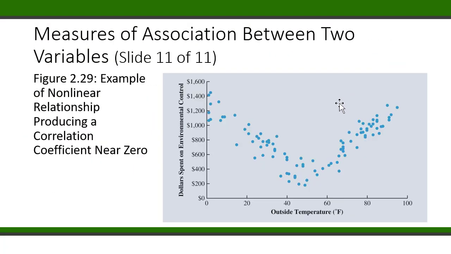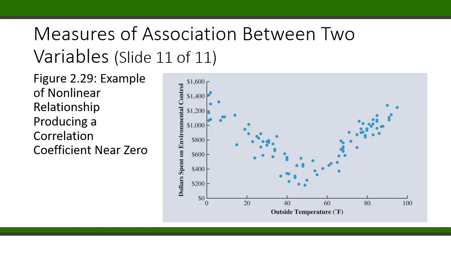So here's another example showing the scatter plot between two variables. This one is for a small retail store for environmental control, heating and cooling, and the daily outside temperature. So what they're spending as the temperature increases or decreases.